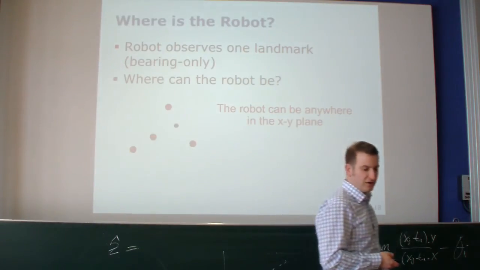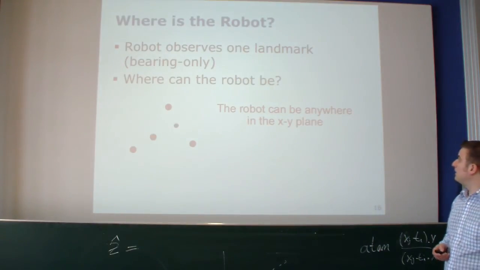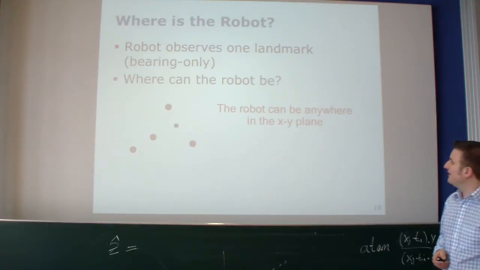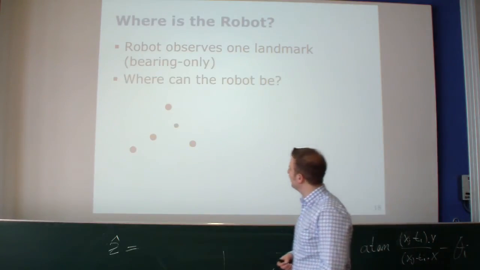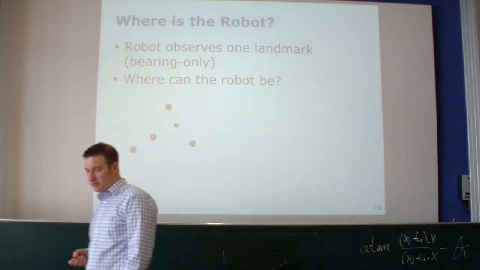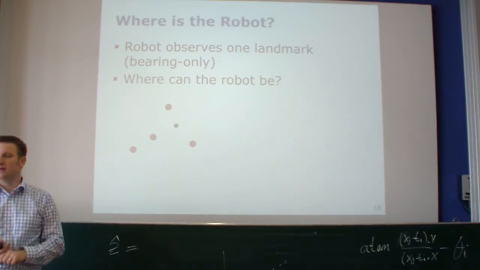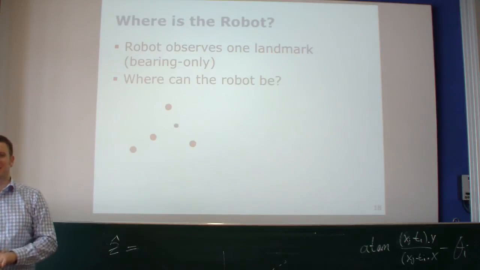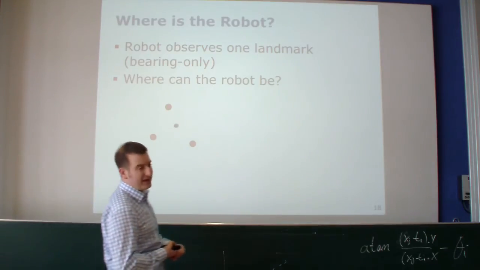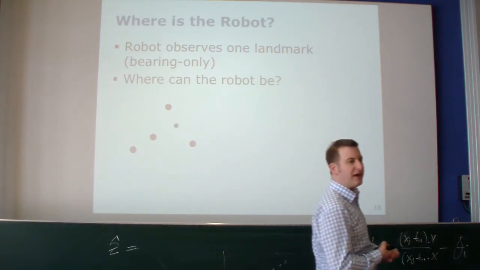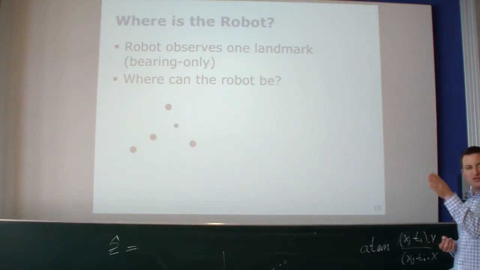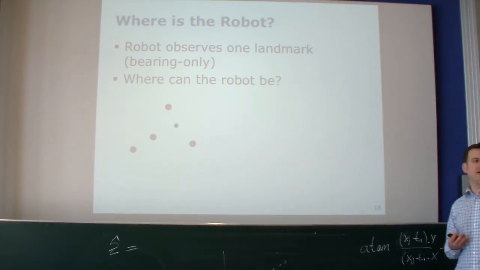How does this change if I have a bearing-only observation, so I just know the angle? The robot can be anywhere in the space, but the orientation is again constrained, in a way that you should always see the landmark at a certain angle.